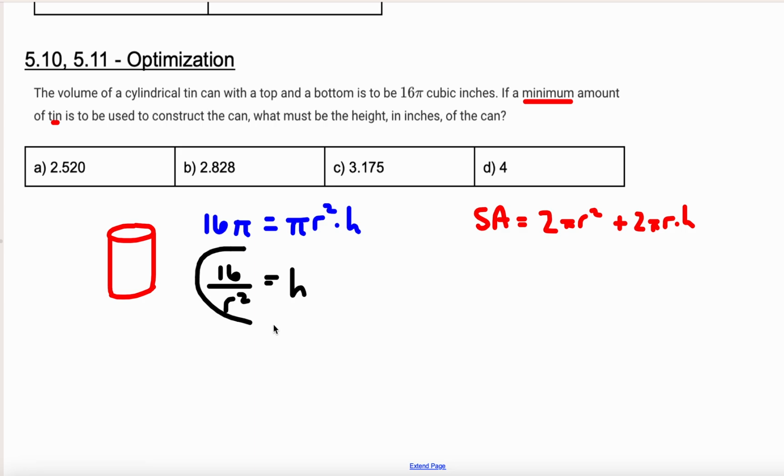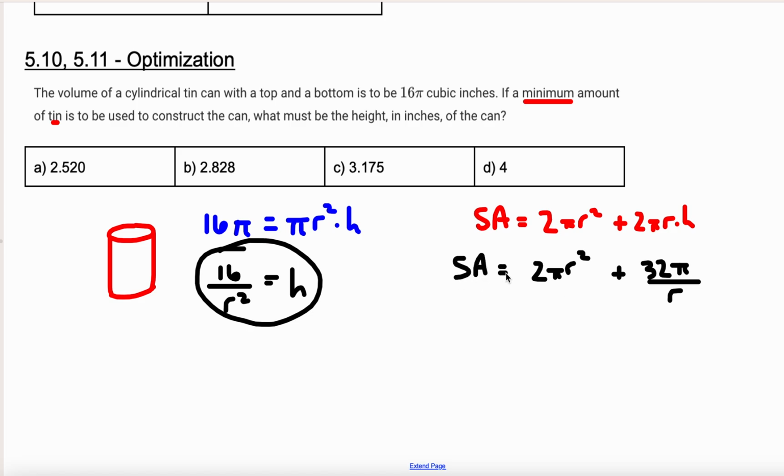So when I sub this in for h, I'm going to end up with a surface area formula of 2 pi r squared plus, instead of 2 pi rh, it will be 32 pi, because it's 2 times 16, and then that r will cancel with one of these r's on the bottom, and I have that. So there's my surface area equation.